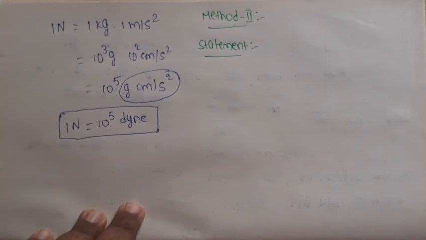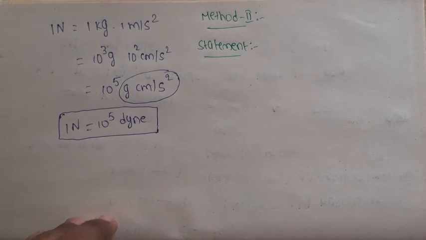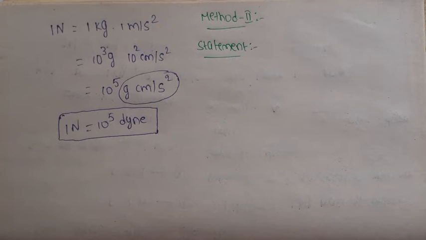In this method we are using the momentum. We have already studied momentum. The product of mass and velocity of the body is called momentum. Here Newton's second law can be proved by using the momentum.